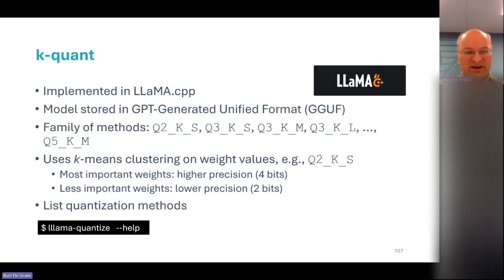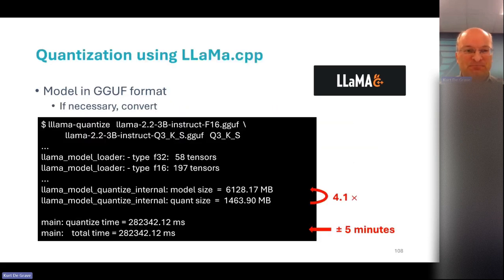So Llama quantize is a command that can do that. Okay, this is an example run. So you convert one GGUF to another, and you specify the quantization method, and you have a previous size and next size.